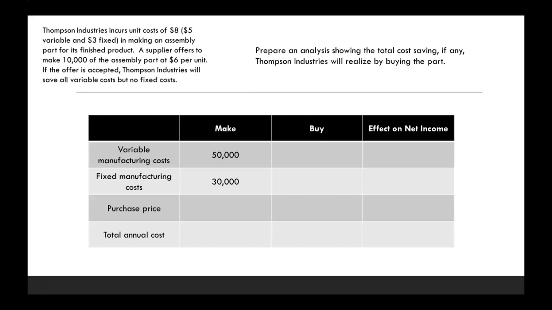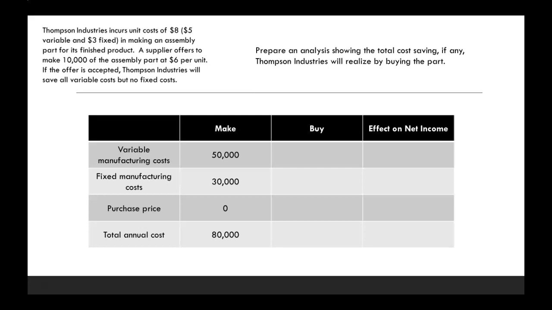If we were to make the product, we would not be buying the product, right? So our purchase price for the make column is 0. So our total annual cost is just 50,000 plus 30,000 to get us that 80,000. So we would have a cost of 80,000 if we were to make the product.